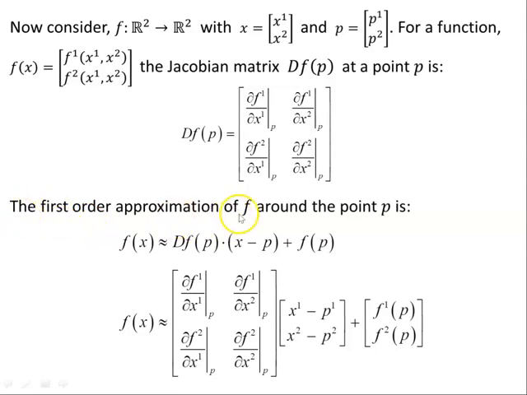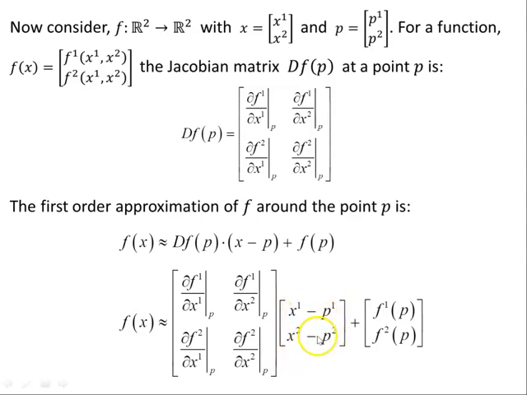Now, the first order approximation of f around the point is still f of x is approximately d f of p times x minus p plus f of p. But now d f of p in 2 dimensions will be this Jacobian here, times x minus p will be this vector here, x1 minus p1, x2 minus p2.